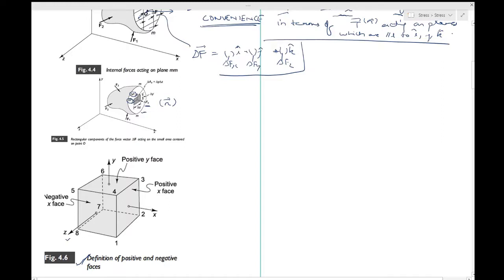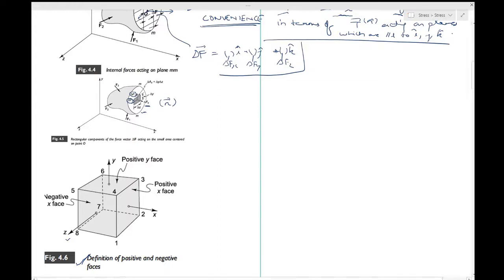Now we have already done that in chapter 3 and even in your mechanics course before, how to relate a face with a plane. A face will be defined as positive when its outward directed normal vector points in the direction of the positive coordinate axis, and is negative when its outward normal vector points in the negative coordinate direction.